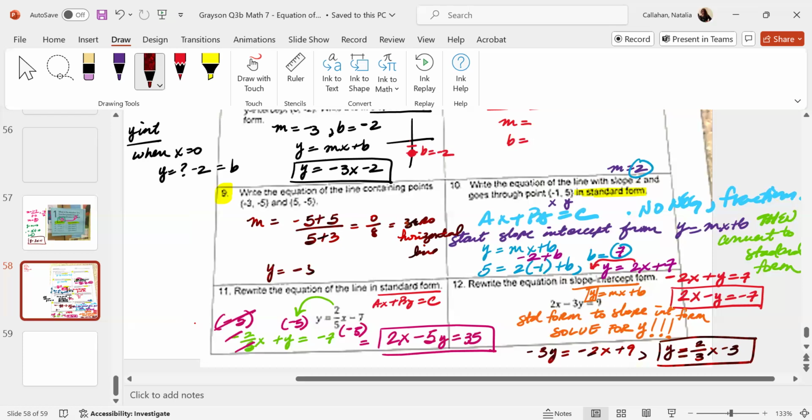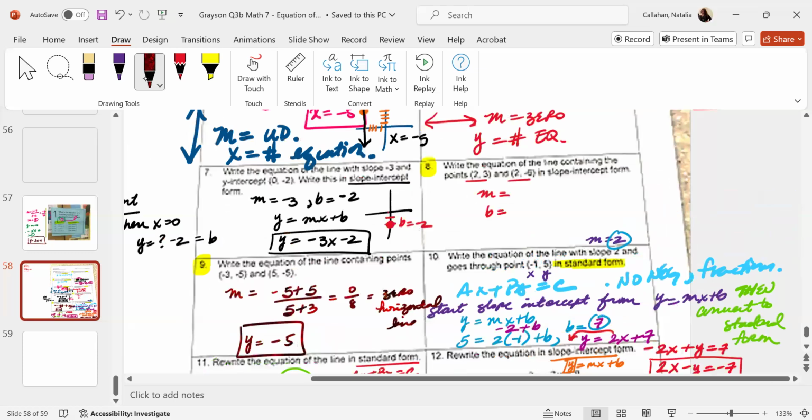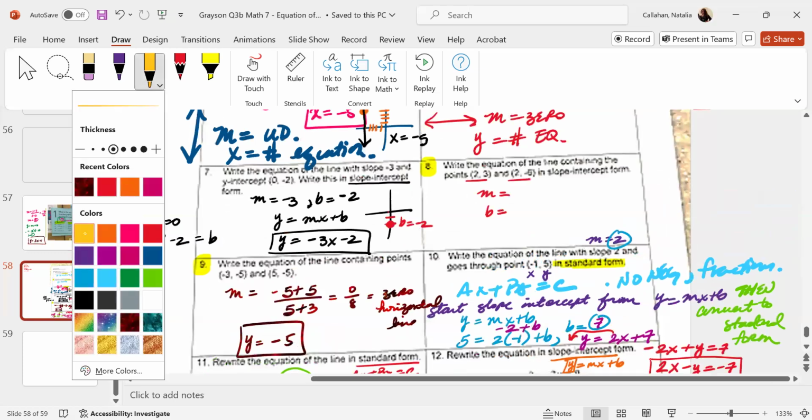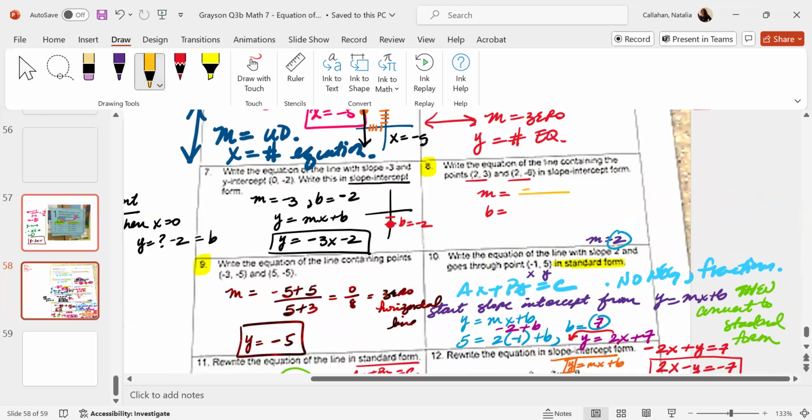Yep, I'm just going back and doing all the questions that I missed. So that way you at least have an answer here. Okay, for number 8, is that second point 2, negative 5 or 2, negative 6? 2, negative 6. Okay, thank you.